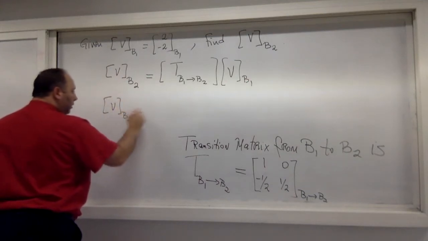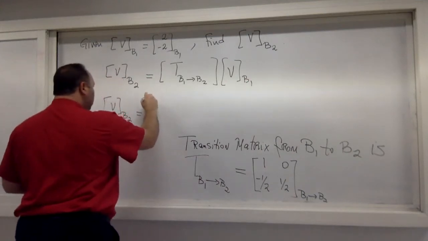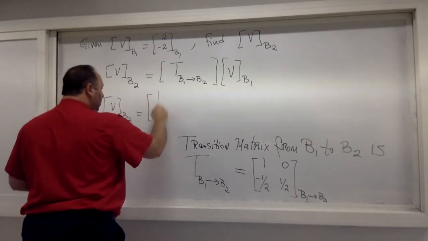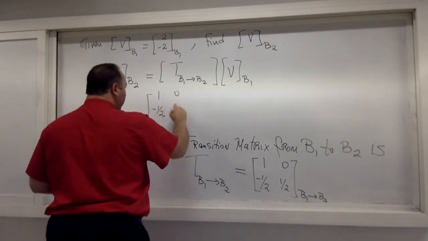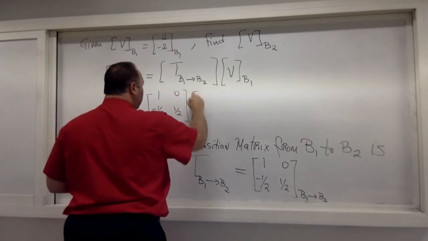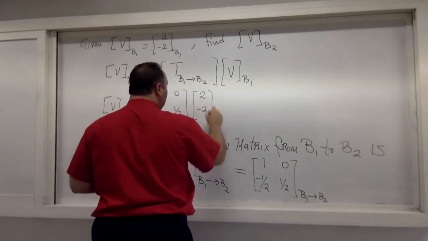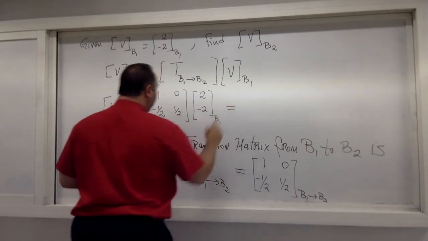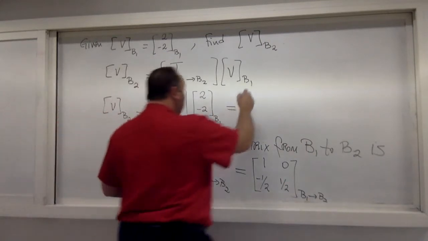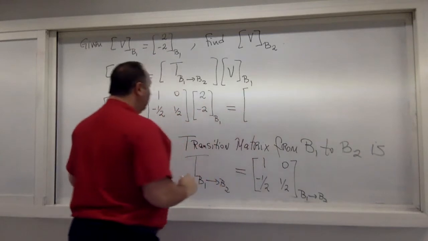In more concrete terms, I just copy the matrix and multiply by the coordinates of the guy in B1, which are these. And once I'm done, if I know how to compute, I'll get my coordinates in B2.